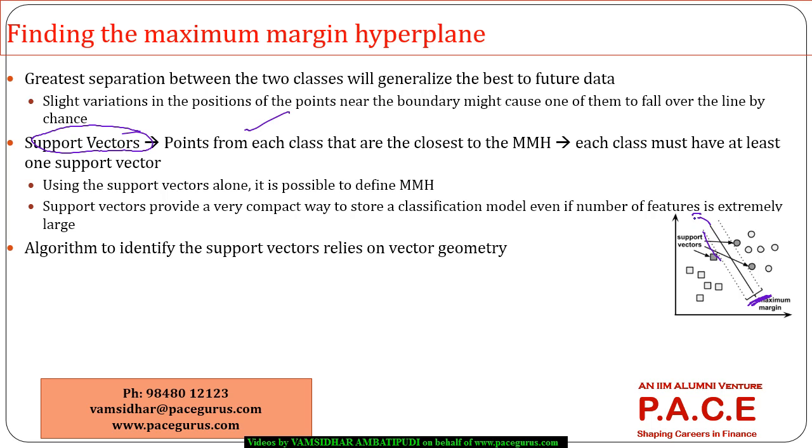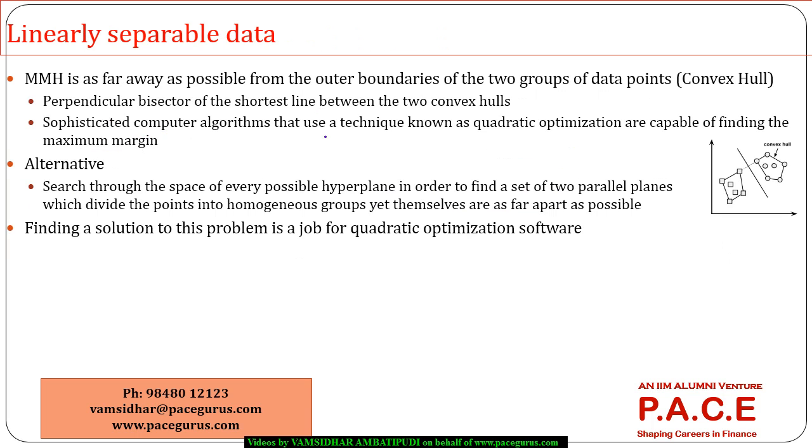So this is my maximum margin hyperplane, and the points from both groups that are very close to it are called support vectors. Support vectors are a very compact way to store a classification model, even if the number of features is extremely large. This is the major objective behind the usage of support vector machines.